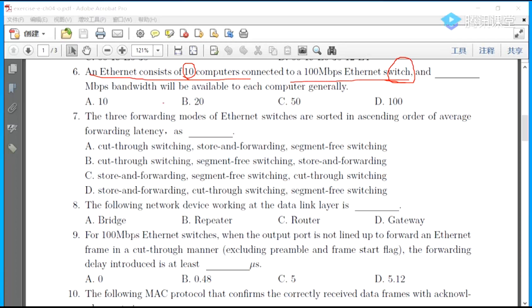And which one is the answer? The bandwidth will be available to each computer. 100 Mbps, 10 computers. Then what is the bandwidth available to each computer?